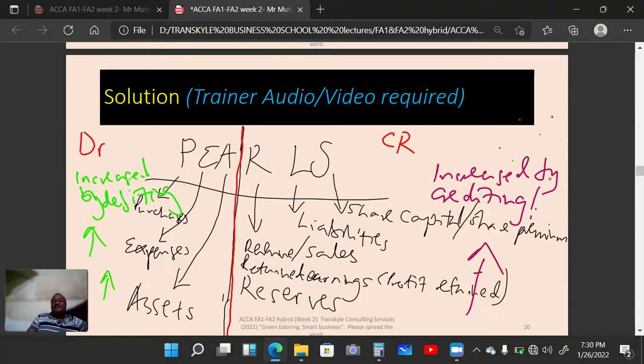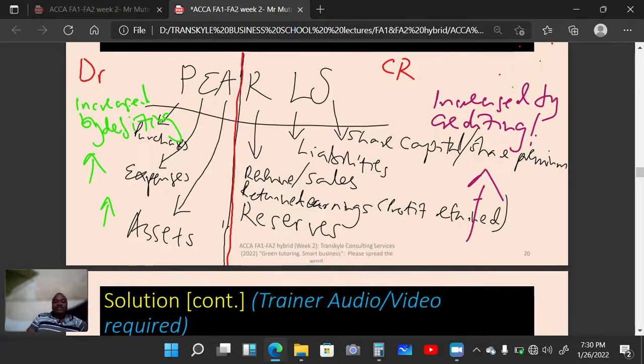The assets are being increased, but cash is also an asset, but it is being reduced. Remember I said we increase this side by debiting, but when we want to reduce them, if we credit them, we'll be reducing. Here debiting will be reducing, but here crediting will be reducing these guys.